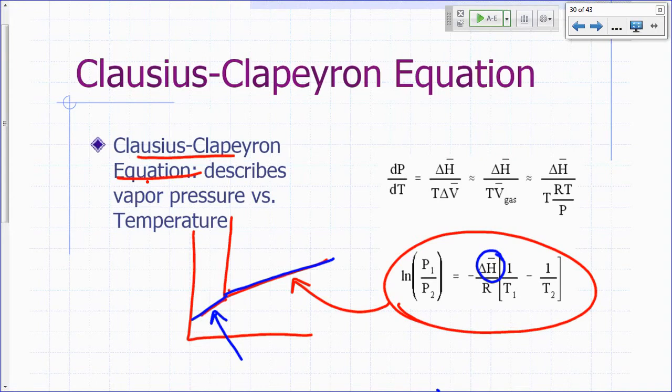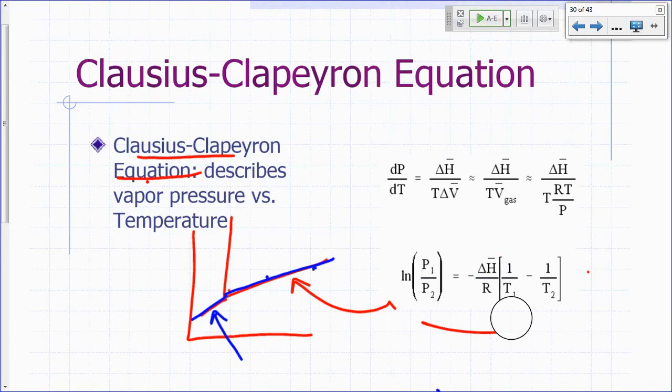So for any 2 points on the curve, natural log of pressure at point 1 over the pressure at point 2 would be equal to negative delta H over R times 1 over T1 minus 1 over T2. So this is just an equation that describes this curve. This will allow us to do some calculations, like how much does the vapor pressure change if you change the temperature, or how much does the boiling point change if you change the pressure.